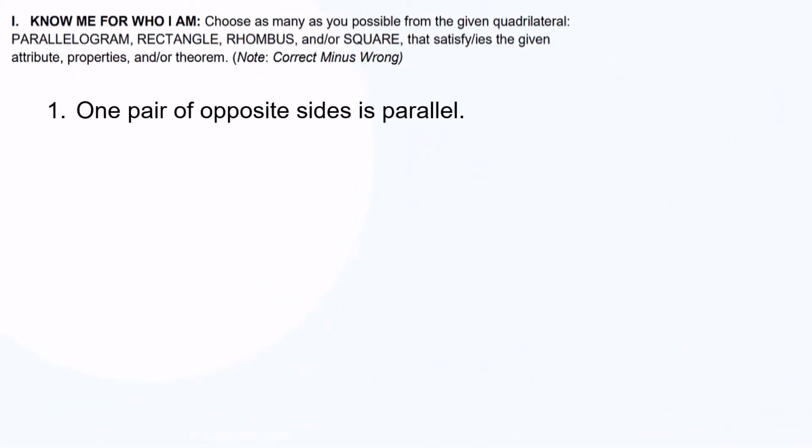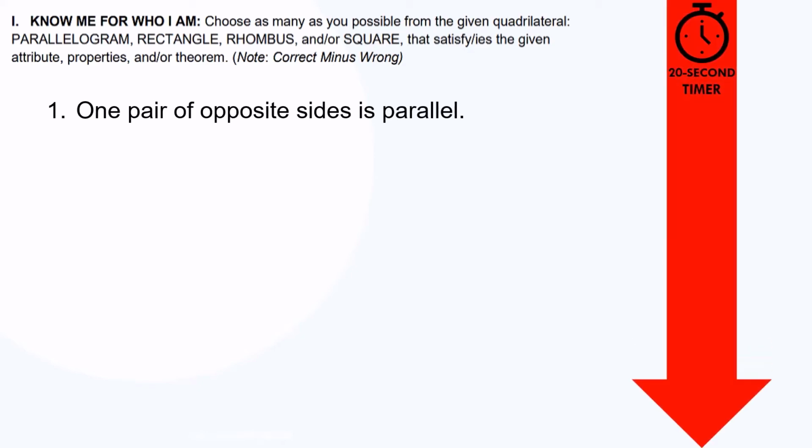For number 1, one pair of opposite sides is parallel. What is your answer? Your 20-second timer starts now.